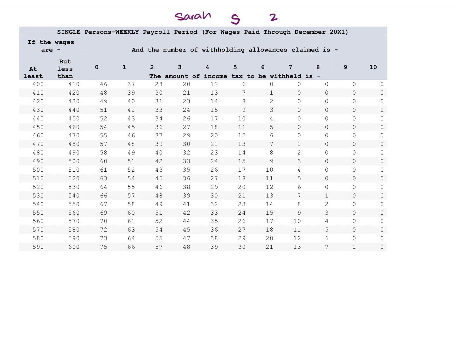And we also know that her weekly paycheck this time was $577.50. So again, we'll go to our chart and see what range she falls into. So looks like right about here, that would be her paycheck between $570 and $580. And then we'd move over to where she has 2 allowances, and we would withhold $54 from her paycheck for federal taxes.